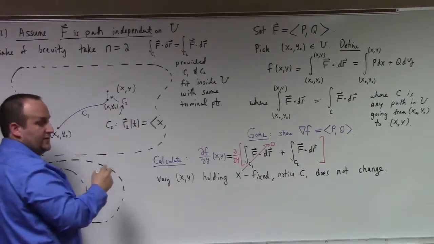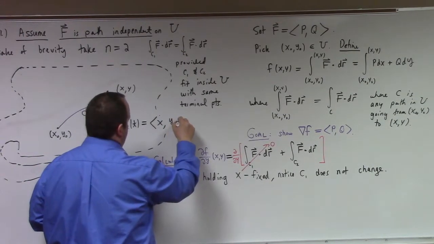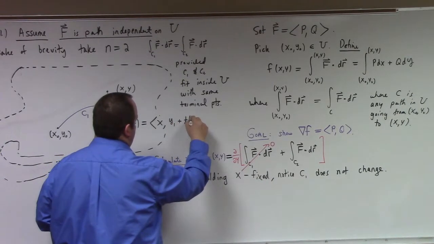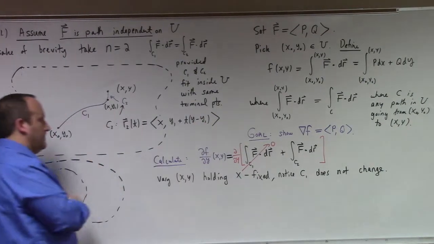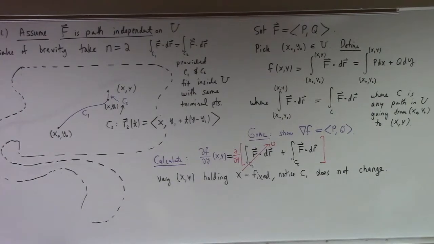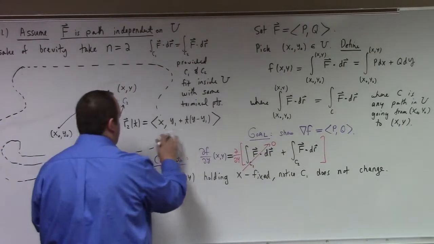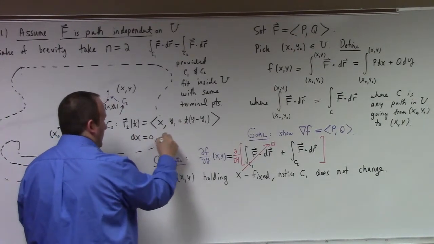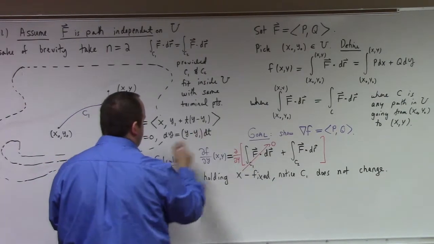So it should be something like y1 plus t times y minus y1 maybe? That parameterization of C2 would put the point x comma y at time 1, right? So this has dx equal to 0. It has dy equal to y minus y1 times dt.